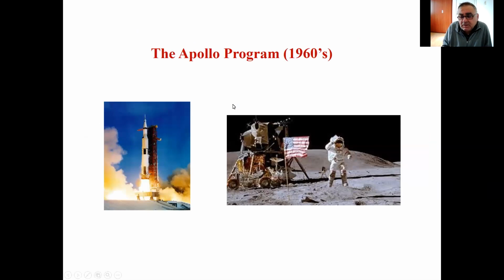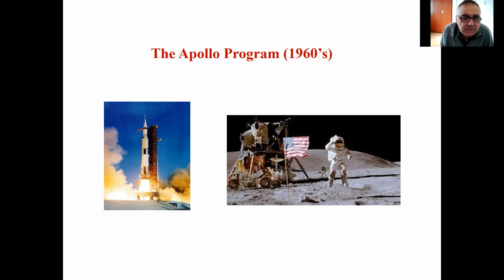Obviously, later on, the Apollo program that landed a human being on the moon was made possible by the advanced application of control systems. To send a rocket to space, then to the moon, make it land, and then go up from the moon and come back to the Earth required a lot of control systems.